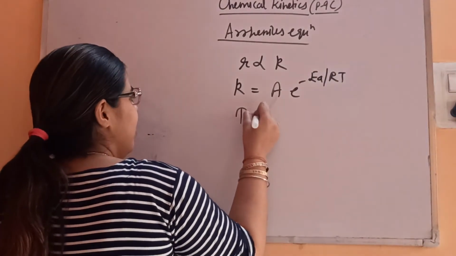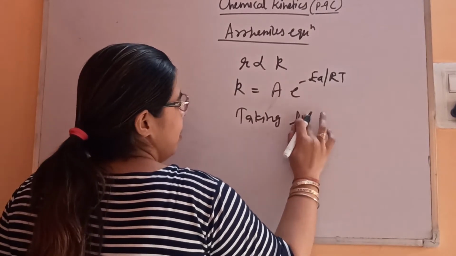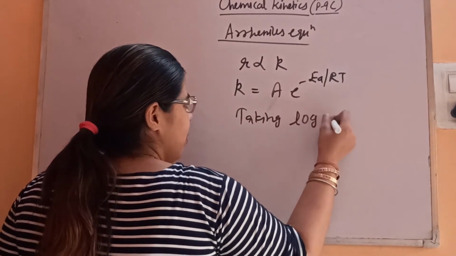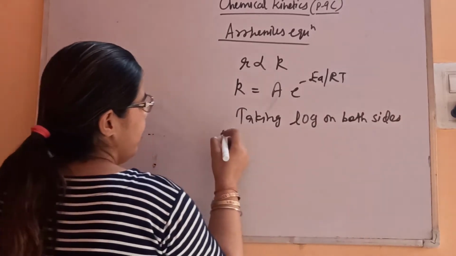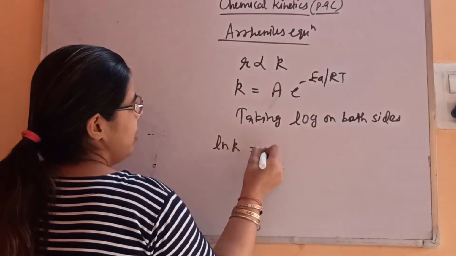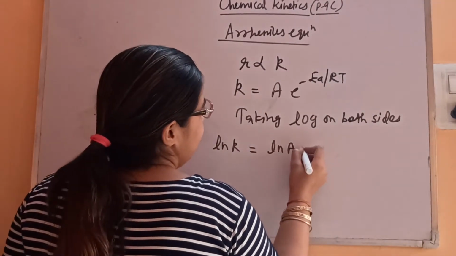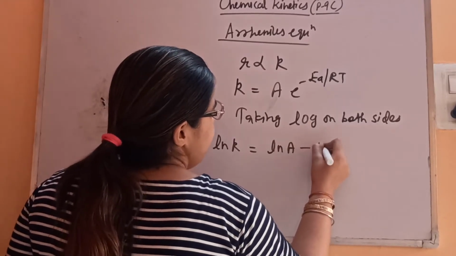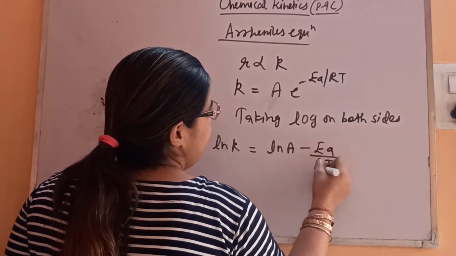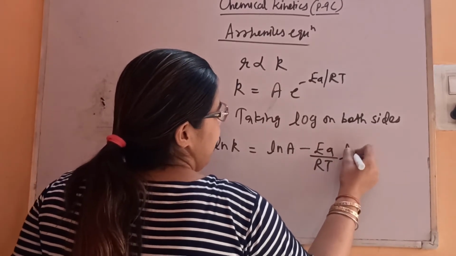Now taking log on both the sides, what you will get then? ln K is equal to ln A, then minus EA by RT, whatever is in the power will come in front as a coefficient, times ln e.